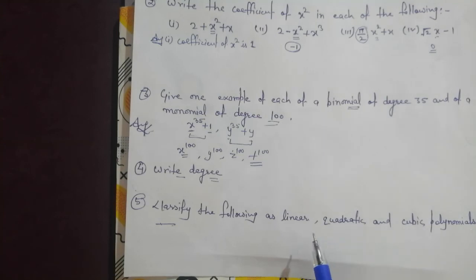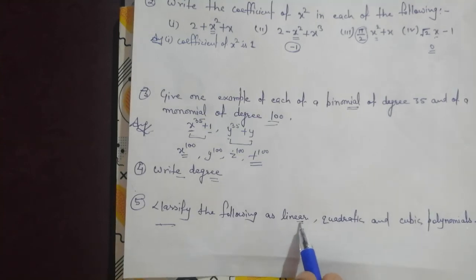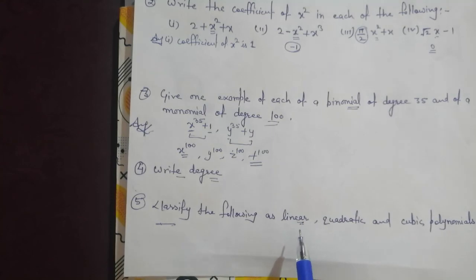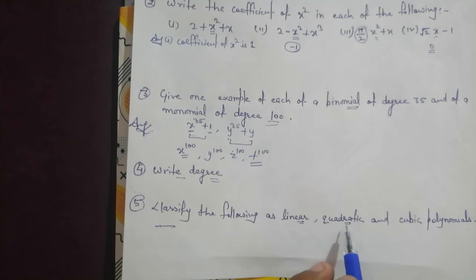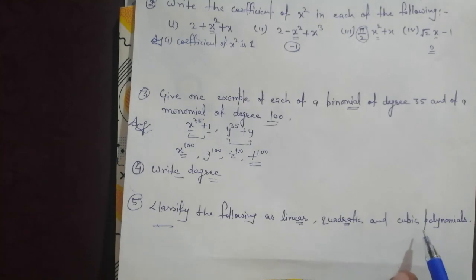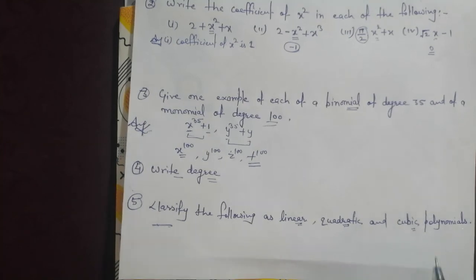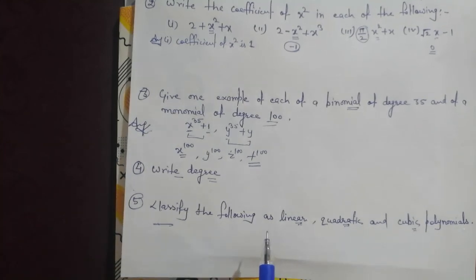I told you previously about this also: in a linear polynomial the power of variable will be 1 only, in a quadratic polynomial the power of variable will be 2, and in a cubic polynomial the power of variable will be 3. So you can easily separate these parts of the fifth question as linear, quadratic and cubic polynomials. So exercise 2.1 is completed.